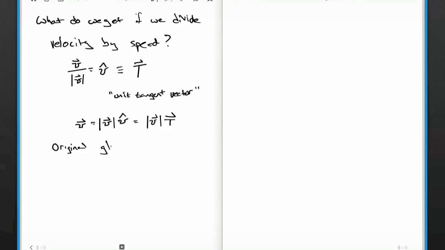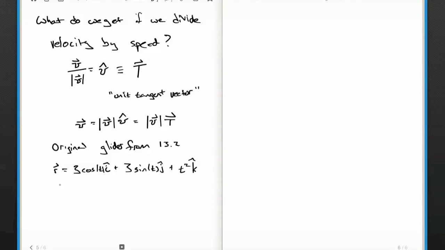So if we go back to this original glider problem, the original glider from, where was that, 13.2, I believe that the position vector came out to be something like 3 cosine t i plus 3 sine t j, and then had this kind of funny thing here, t squared k.